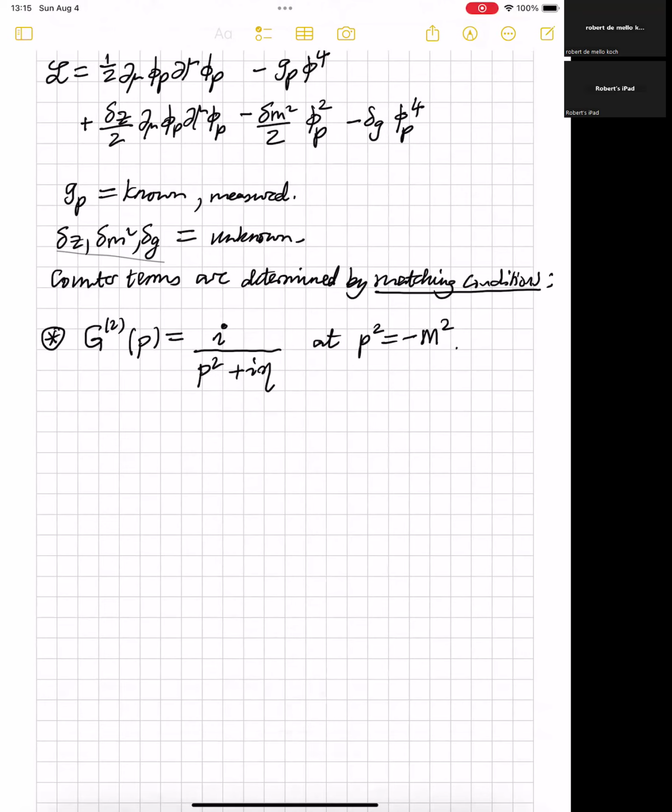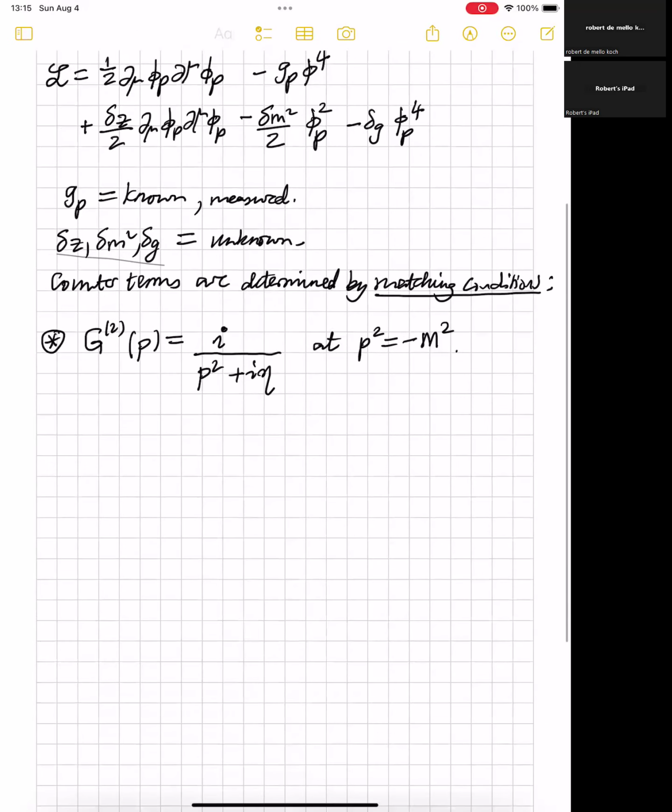So first of all, what were we doing before? Before, we actually wanted to calculate some physical observable, like maybe a cross-section or something like that, some physical quantity that we're going to measure in experiment.